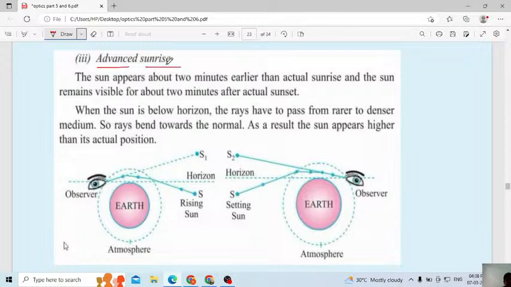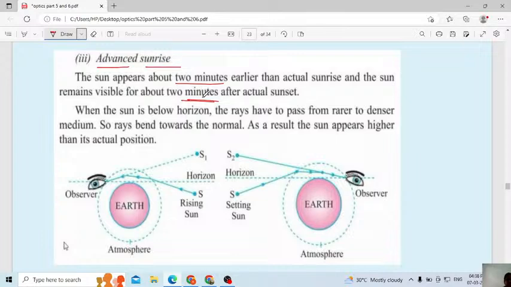Next one, advanced sunrise or delayed sunset. We will see the sun rise or set compared to the actual timing. The sun appears about 2 minutes earlier than the actual sunrise, and remains visible for about 2 minutes after the actual sunset. This actually happens.